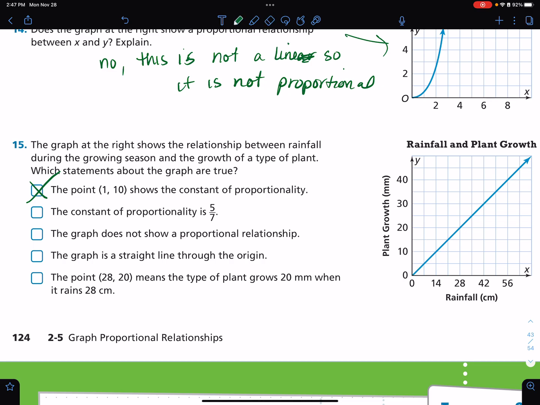So let's try this. Let's pick these points. This is a point, this is a point. So that is 7, and I know that because if I labeled all of these, which they didn't do. So that is 7. It went 7 along the x and 5 along the y. And it's kept doing that.